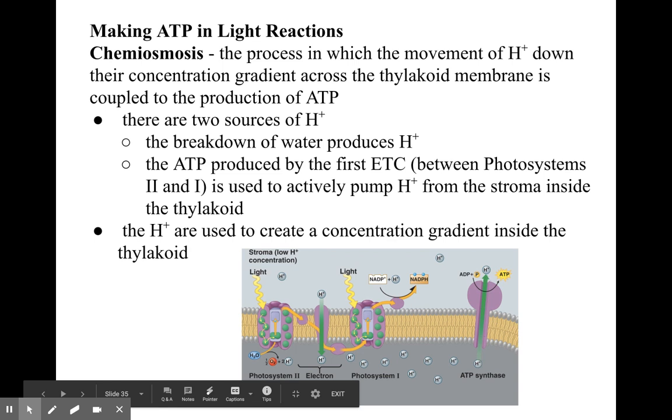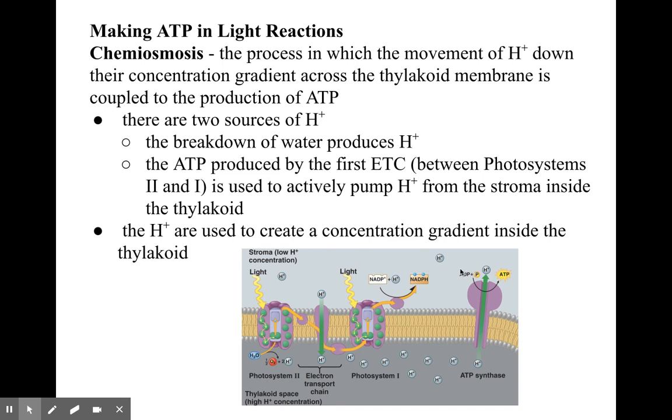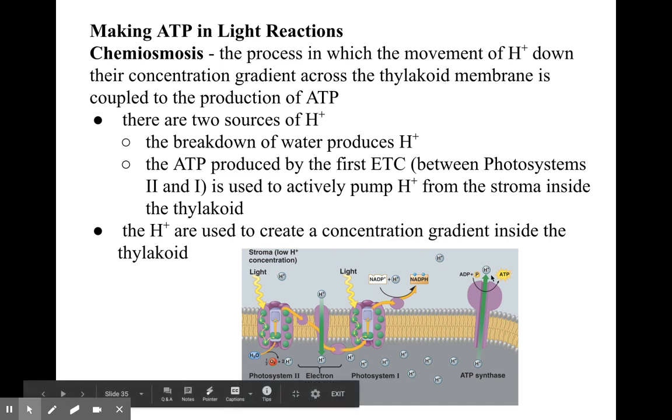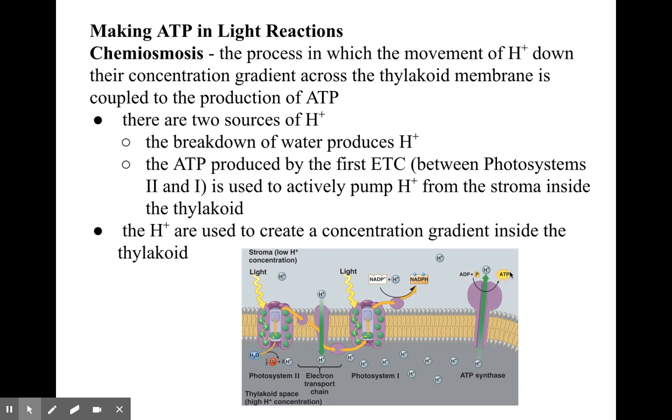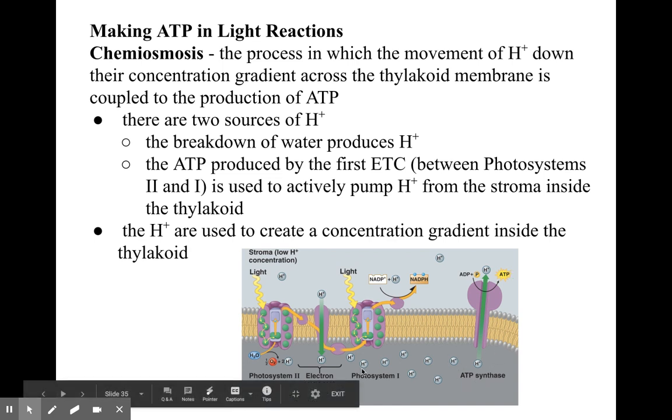And when it does so, it actually makes the protein spin. And there's a molecule of ADP out there, and there's also some phosphate out there in the stroma. And when the hydrogen ion passes through, ADP plus phosphate is going to make ATP. So because of this concentration gradient, we can make ATP.